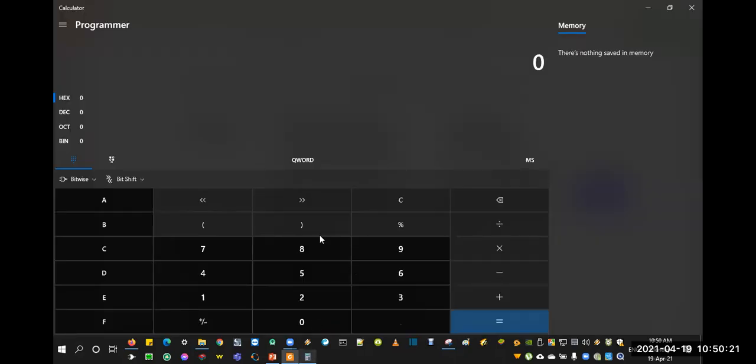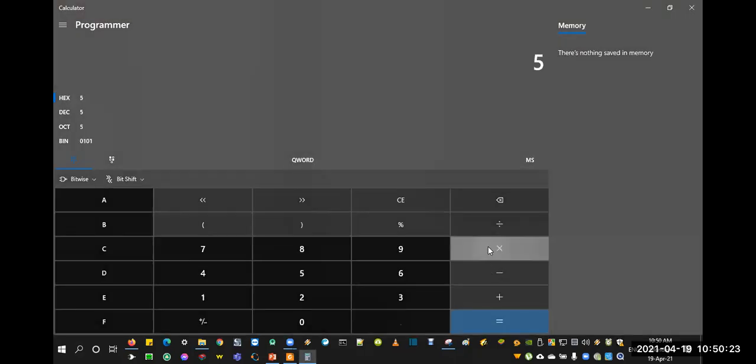Practically, 5 multiplied by 3 equals 15, or F here, but if we AND 5 and 3, then 5 AND 3 equals 1.